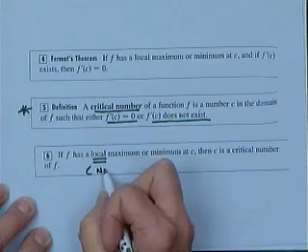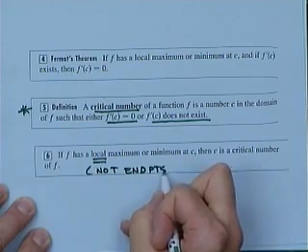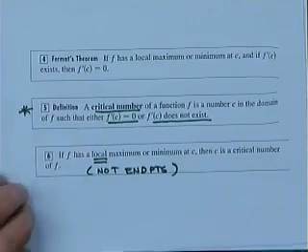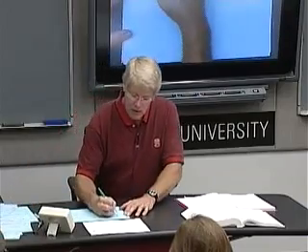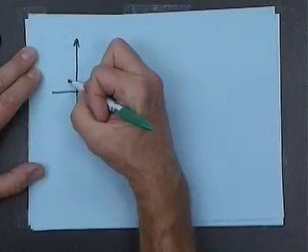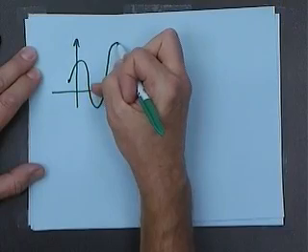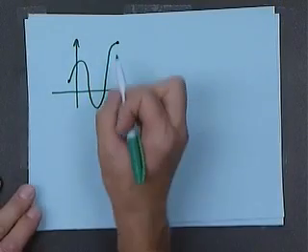So these are specifically left out. Even if it is a place where the derivative is 0, even if your graph looks like this, so you've got an endpoint here, it does this, and then it comes up and is turning, and that is a place where the derivative is 0.